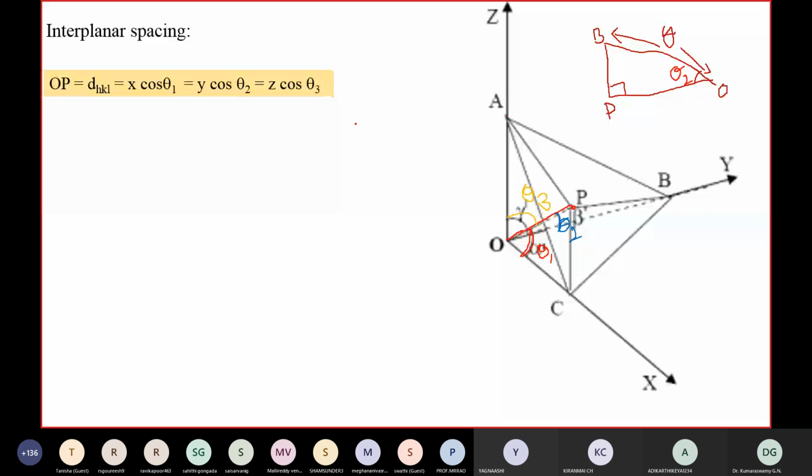Once you finish this, we have HKL is equal to A by X, B by Y, C by Z. This is from the definition. From definition we have here. Write down.